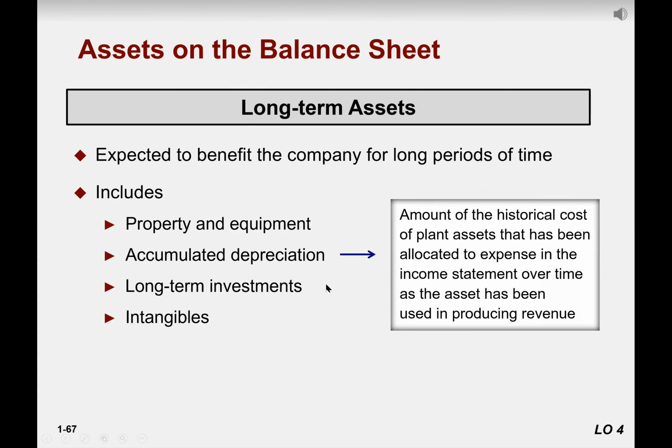Cumulative depreciation, amount of historical cost of the plant asset that has been allocated to expenses in income statement over the year, right? This is just a bookish definition. I just told you, if you bought it for $10,000, it means that is your historical cost, and you divided it with 5 with this life, you came up with this 2,000.